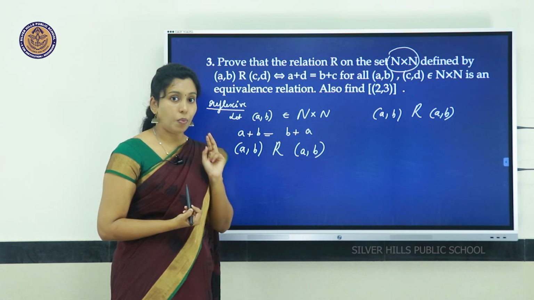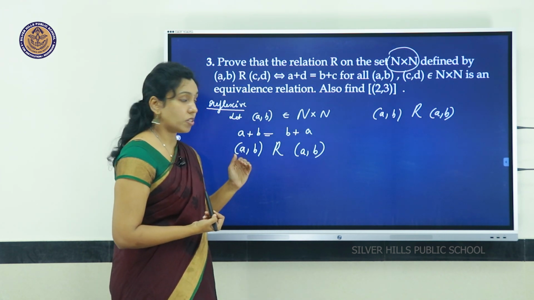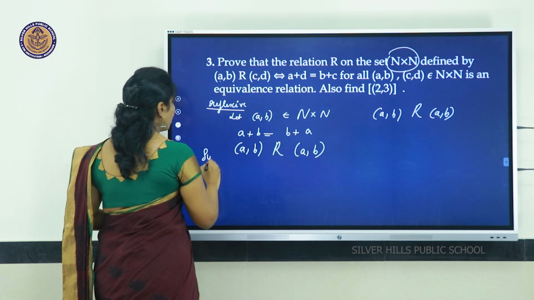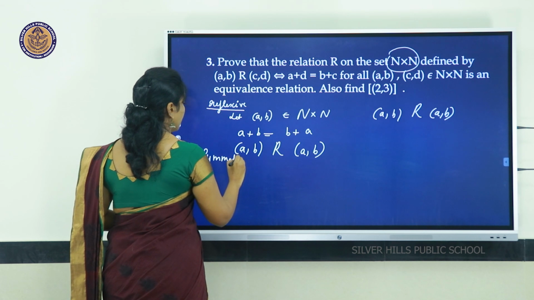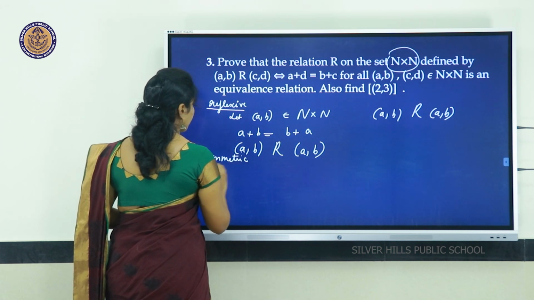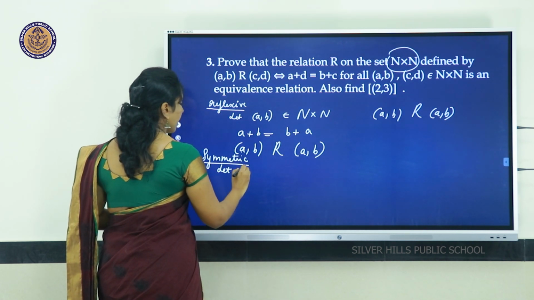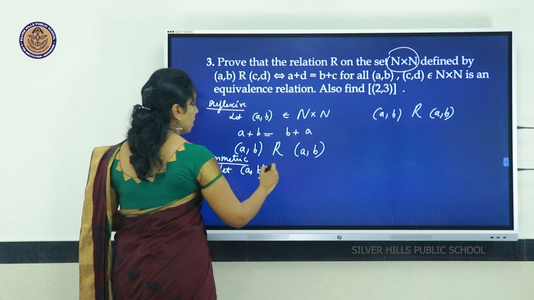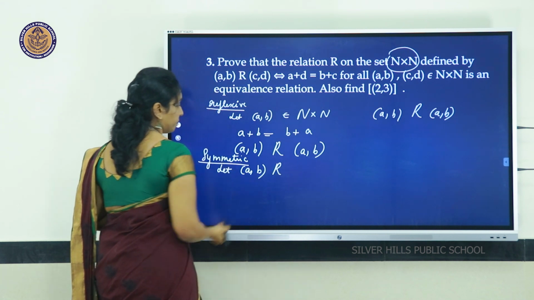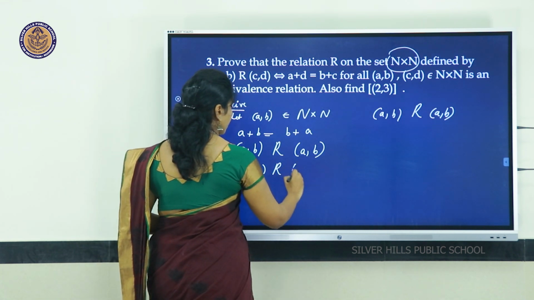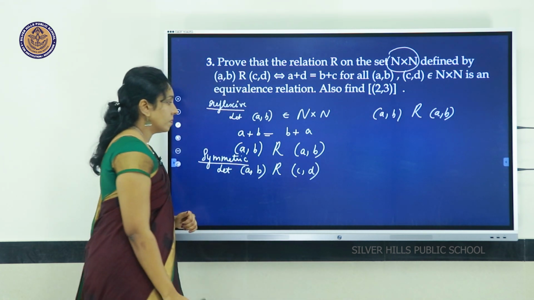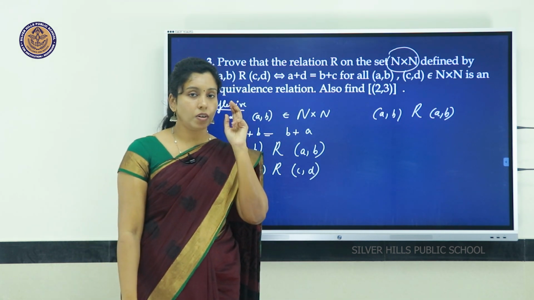Now, let us check whether the given relation is symmetric. For that I need two pairs. Let AB be related to CD. Earlier in the definition, how did we start?